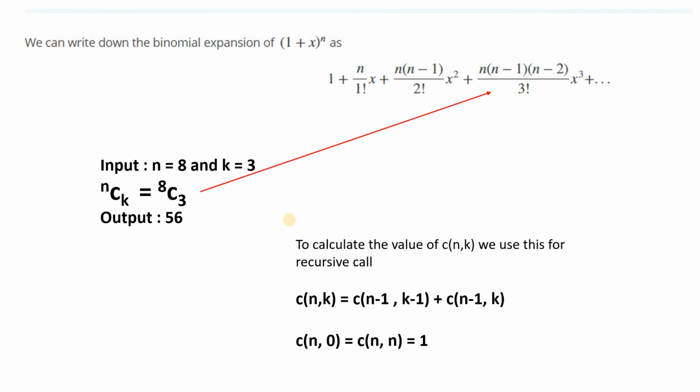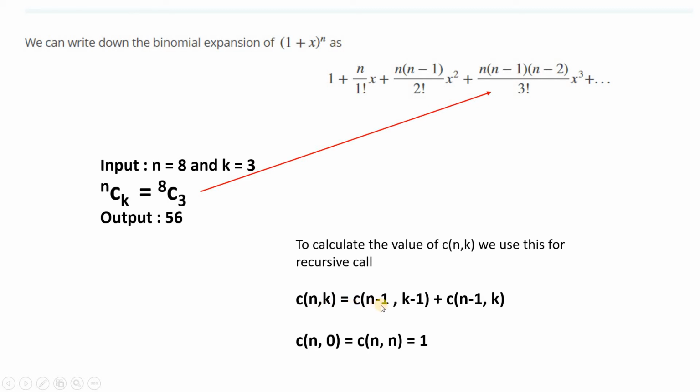To calculate this value in coding, we'll write a function, because we can't write nCr or nCk in our code. Suppose C is a function and we'll pass 8 and 3, so n and k go first here, and this is a recursive function.